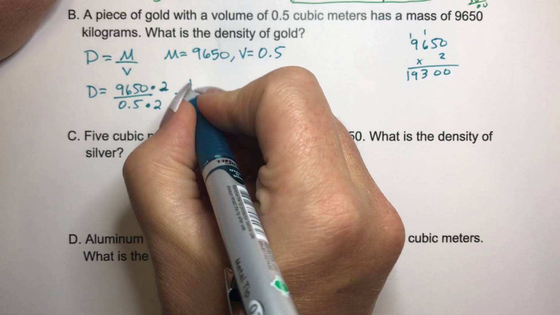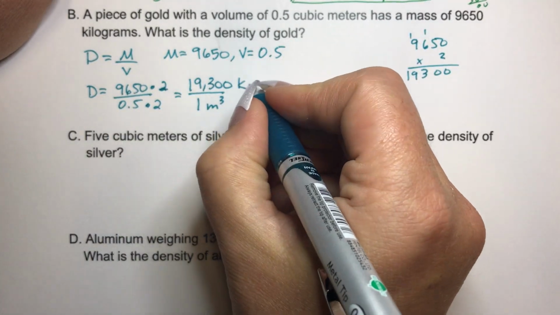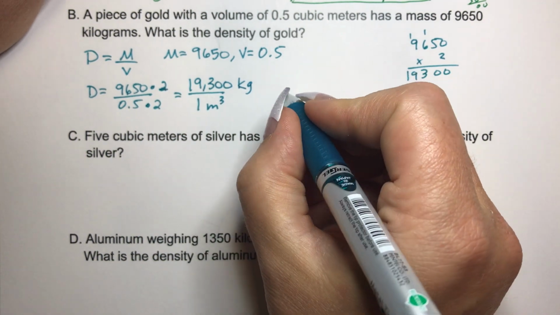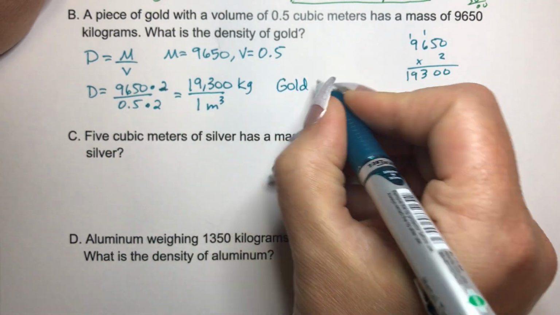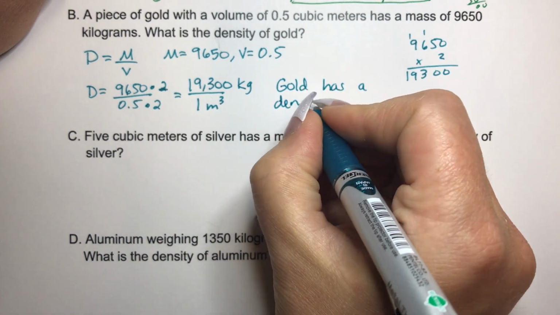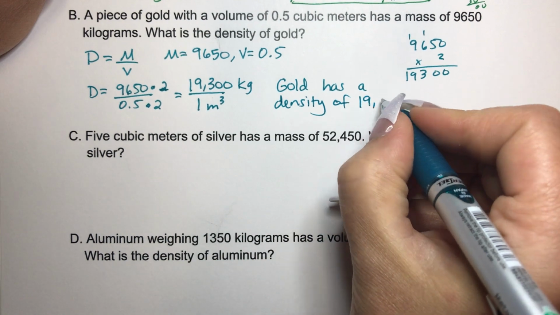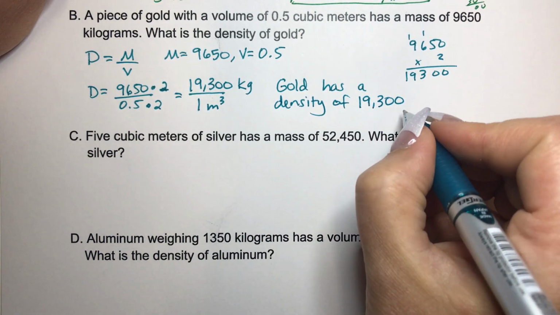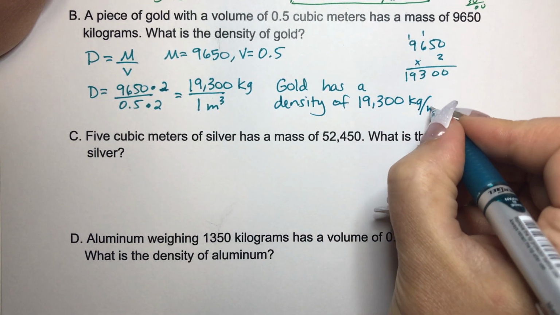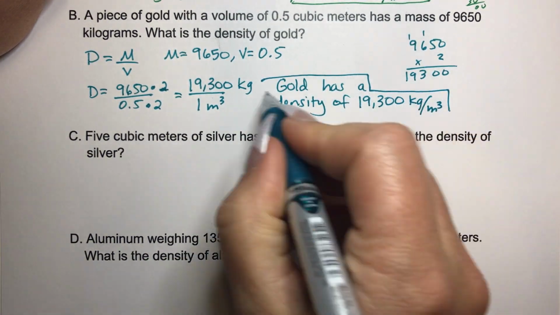So 19,300 kilograms. So we can say that gold has a density of 19,300 kilograms per cubic meter. And there we go, there's our answer.